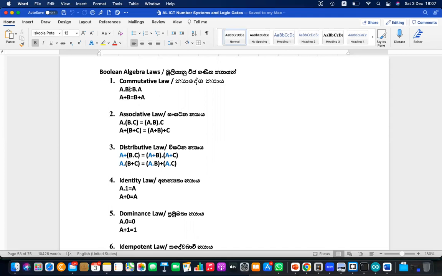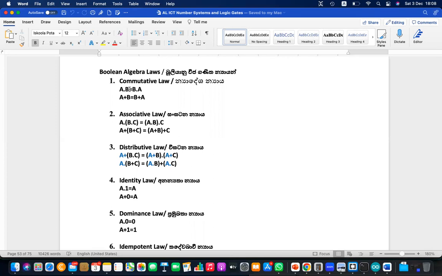That means A and B, you can write B and A, both are equal. There is actually no need to write a law like that, but it's self-explanatory. But in order to formally recognize that there is a law called the commutative law.